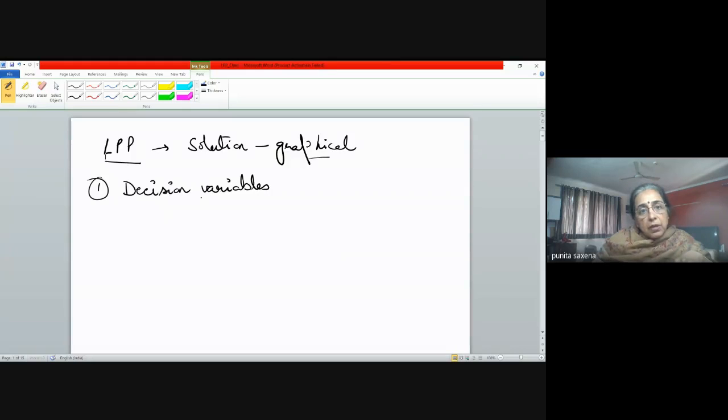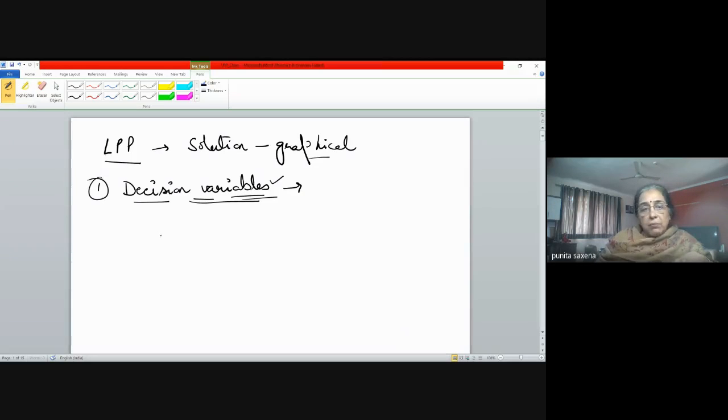Okay, now as the name itself says, decision variables. So definitely they are variables. That means they are quantities that we need to evaluate or compute or see what can be done about them. Or in other words, these are the quantities on which we need to take decisions. Okay, that's why we call them decision variables.